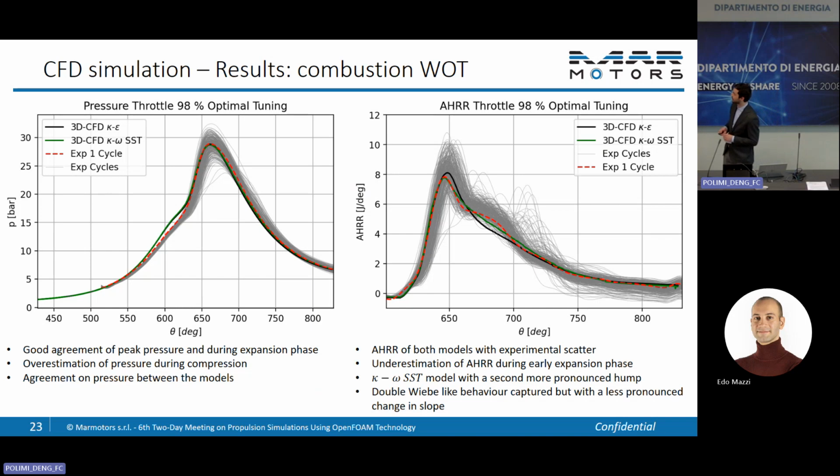The only mismatch of the simulation curve is in the compression phase, and we also have a slightly different behavior of the heat release predicted by the simulation with respect to the experimental one. But we gain a good agreement with experimental data, especially with the scatter curves. And this is at full throttle opening.